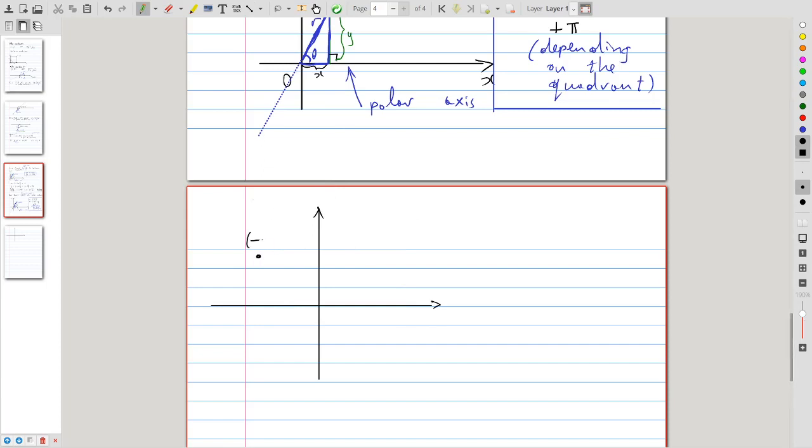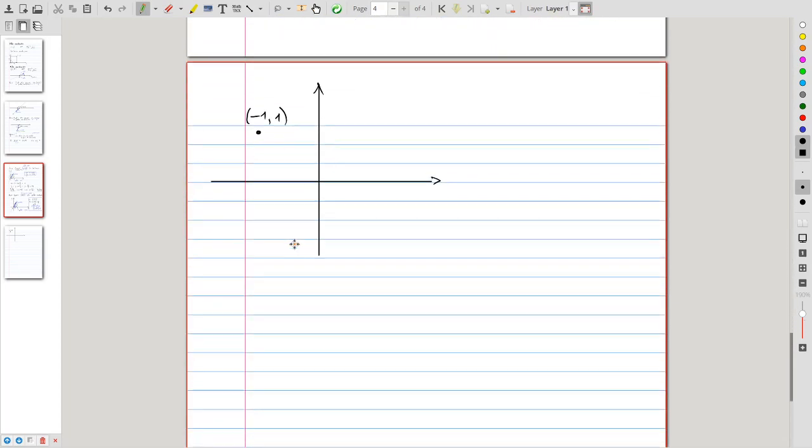So this is the point with Cartesian coordinates minus 1, 1. And my goal is to convert it to polar coordinates. So first, I can easily compute r as the square root of x squared plus y squared. So that is square root of minus 1 squared plus 1 squared, which gives me square root of 2.